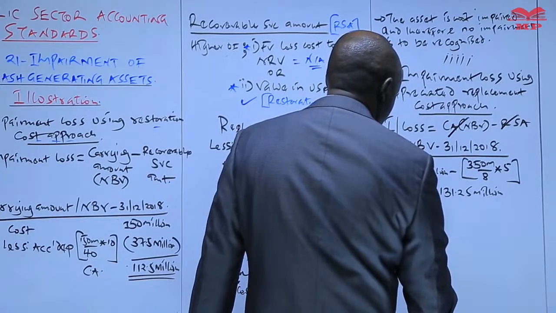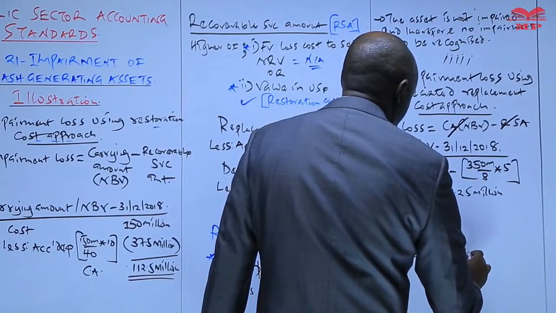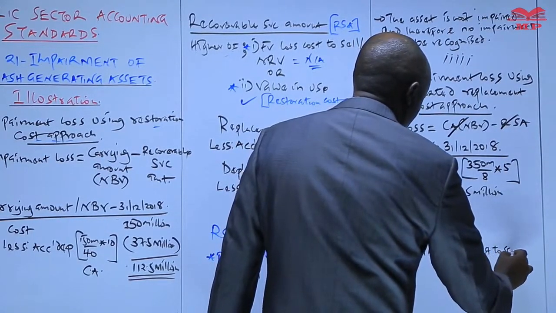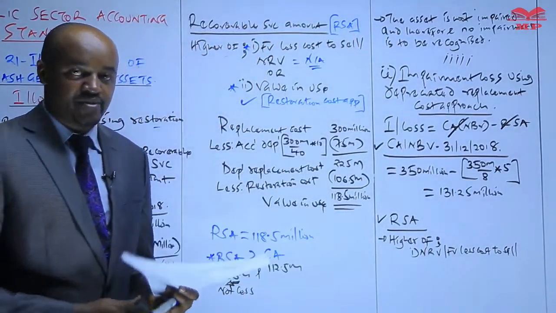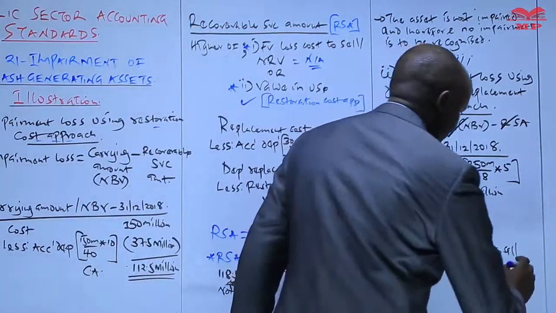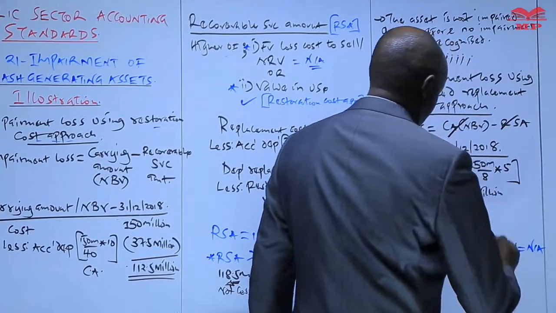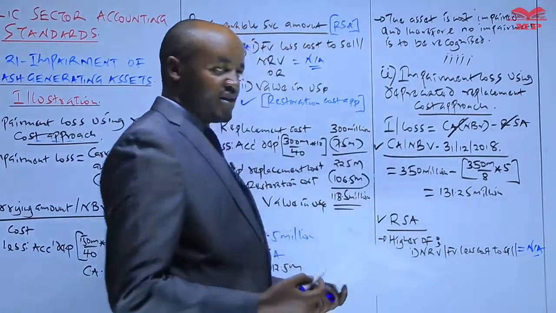Number one, the net realizable value or fair value less cost to sell. If you check the information given in this question, this figure is not given. We are not given the NRV, the net realizable value or the fair value less cost to sell. So that will not apply here.